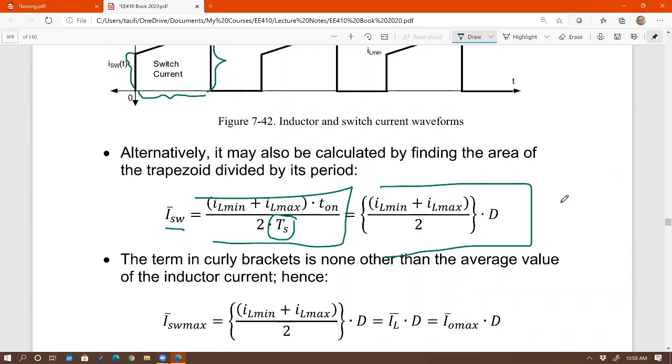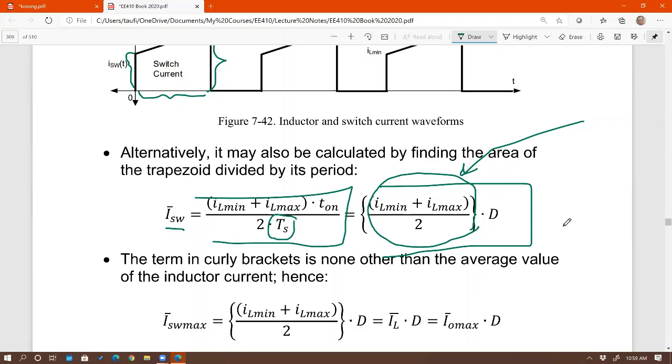Okay, so now look at this equation. I like this equation. Look at this part of the equation. Have you seen that before? That's the average output current. Or in general, what is the equation equal to? You said output, that's only true for buck.